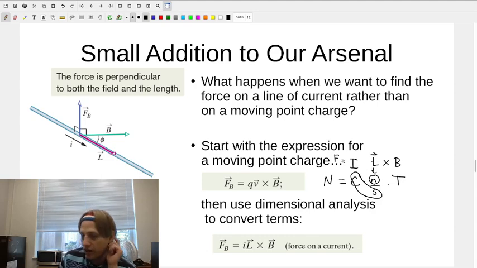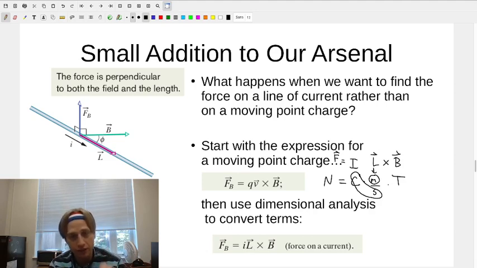We consider L to be in the direction of the current that's flowing. B still has a direction. So our force still has a direction. And if we put our current in exactly the same direction as the magnetic field, it still will experience no net magnetic force. But we can use this now to talk about how much force is going to act on a current that's running through a magnetic field.